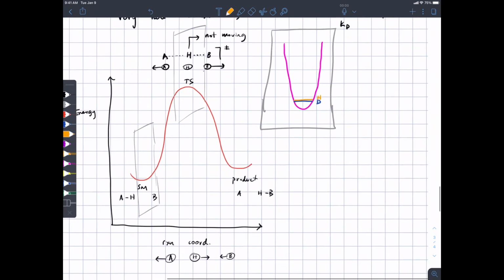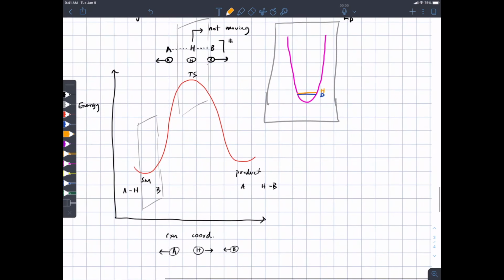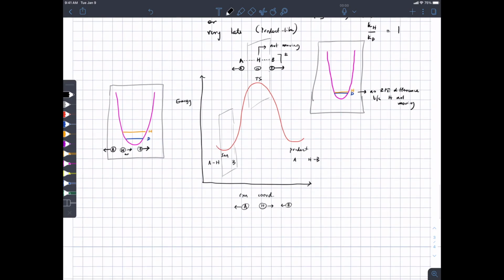Okay? So in this transition state where hydrogen's evenly shared, there basically is no 0 point energy difference, because in this transition state, we're imagining hydrogen is not moving. So let's see what that does to our activation energy.